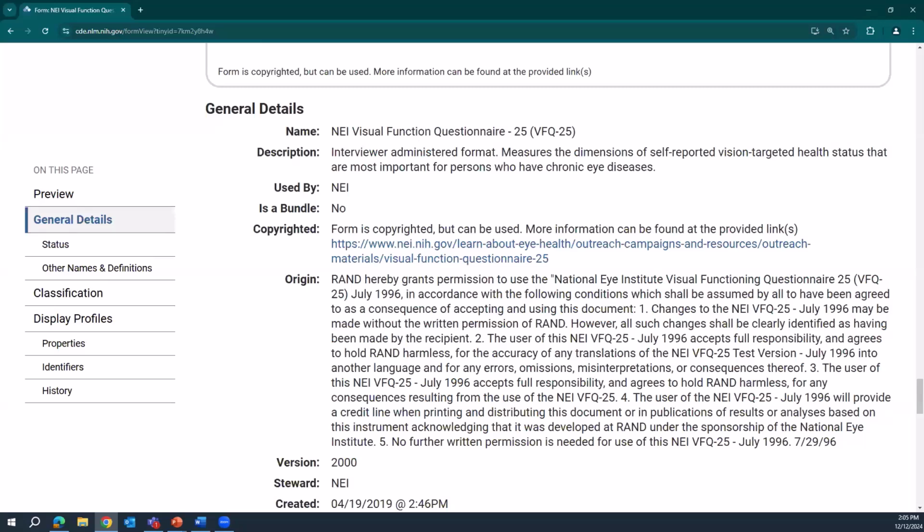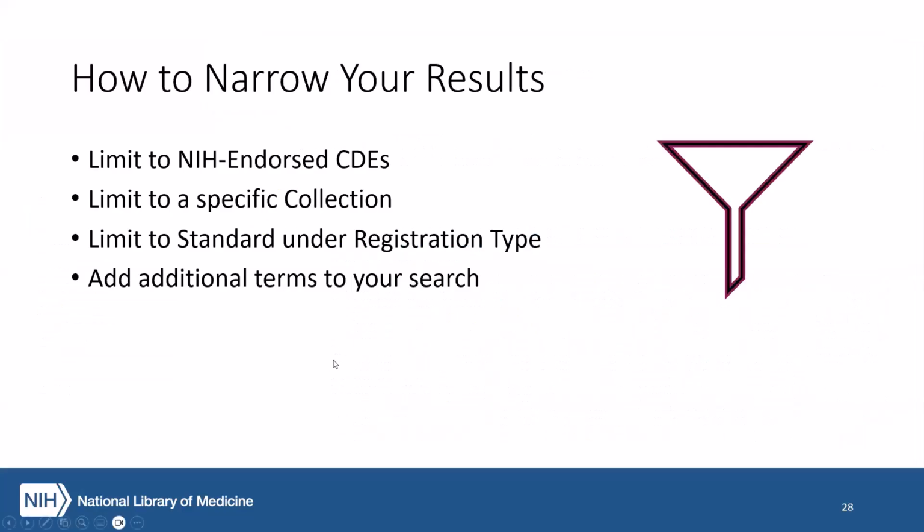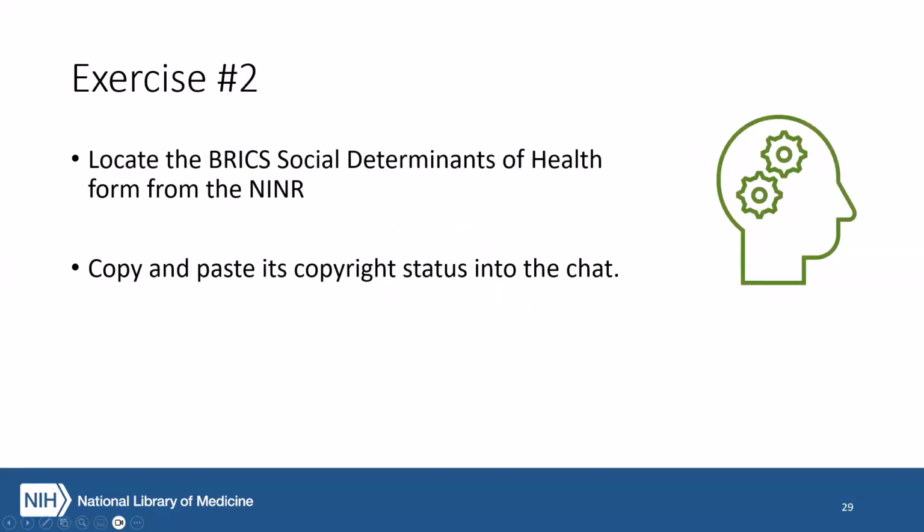Okay, it is your turn to try looking for a form. I would like you to locate the BRICS Social Determinants of Health form from the NINR, and that's BRICS spelled B-R-I-C-S. And once you've found it, copy and paste its copyright status into the chat, and then we'll take a look at how to do that together.